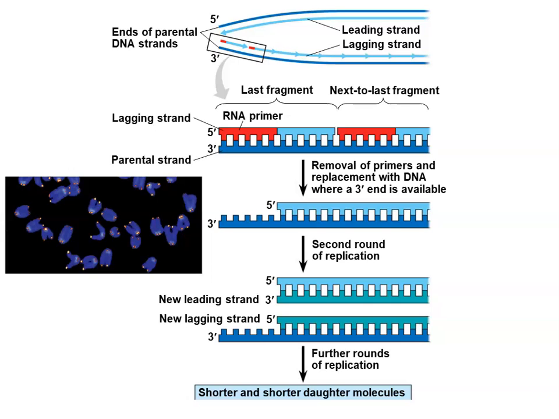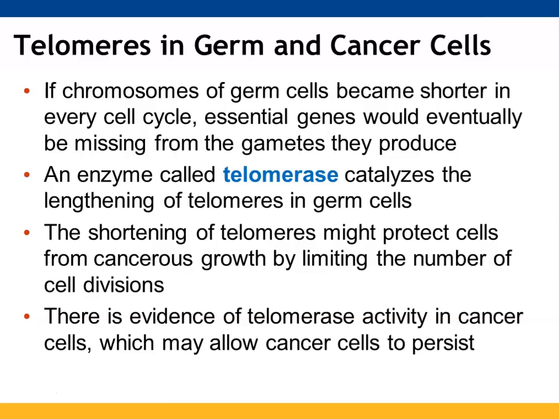So having the telomeres there, having that telomeric sequence there is really important to making sure that we hold on to the genes that are needed as long as possible. So if you did let them continue to shorten, eventually you would lose genes that are really important.